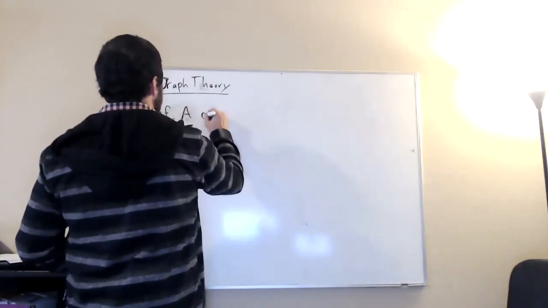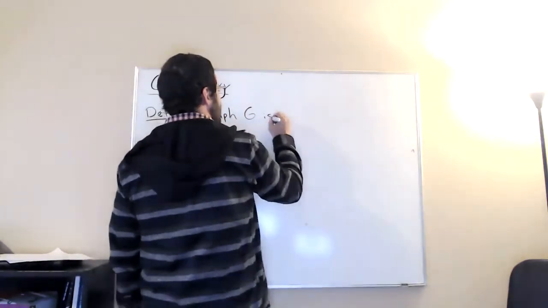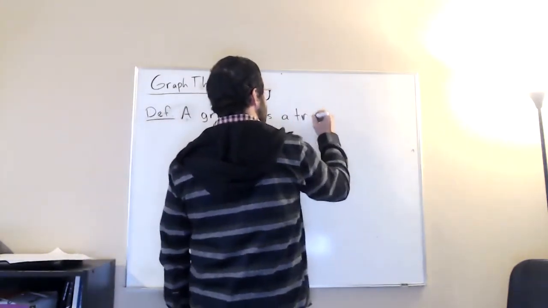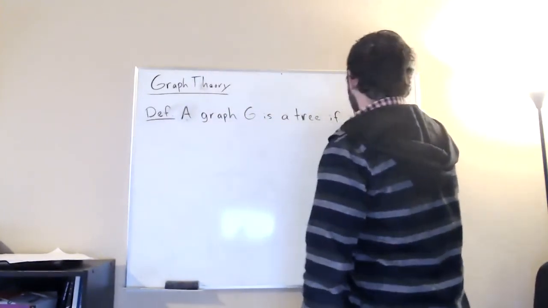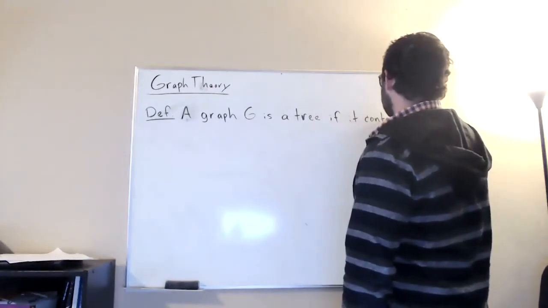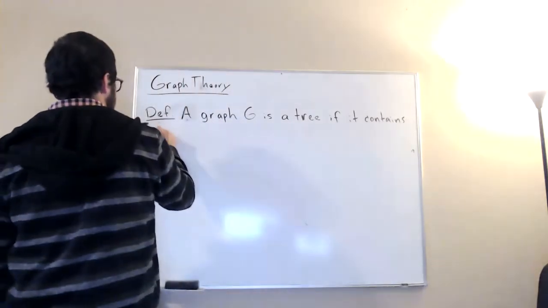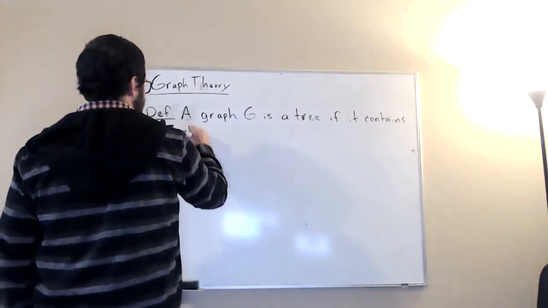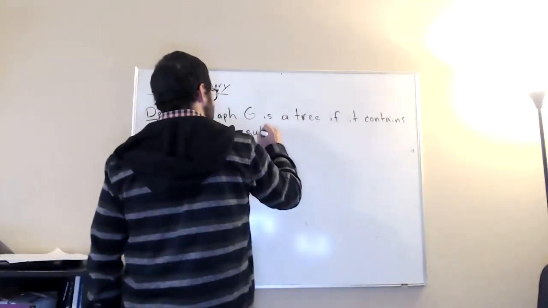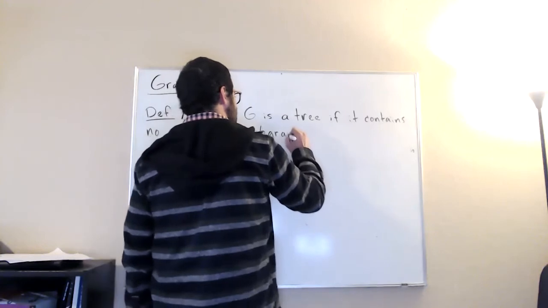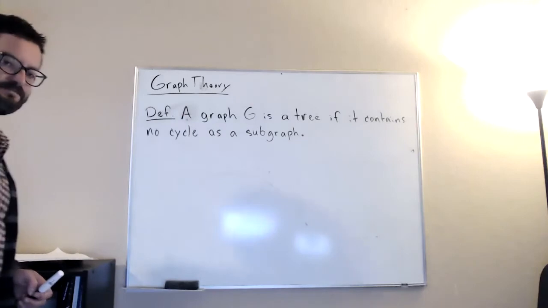So a graph G is a tree if it contains no cycle as a subgraph. Okay, so that's what it means to be a tree.